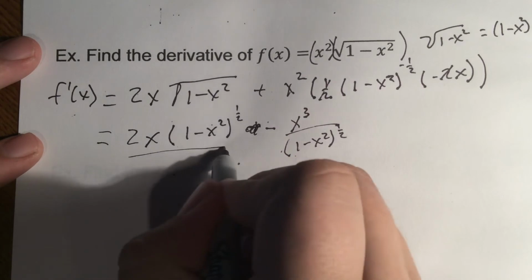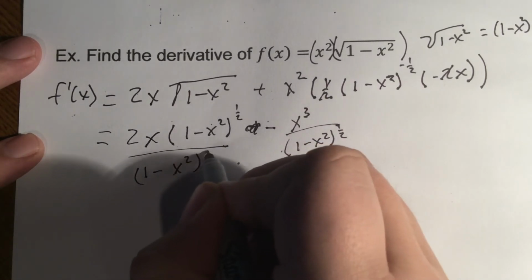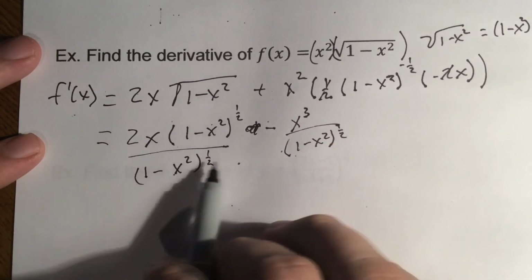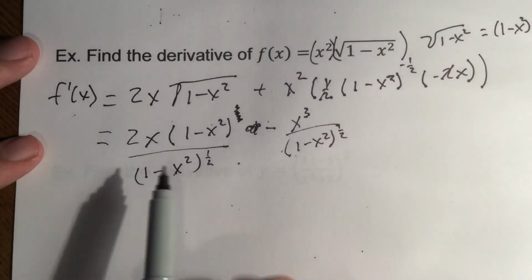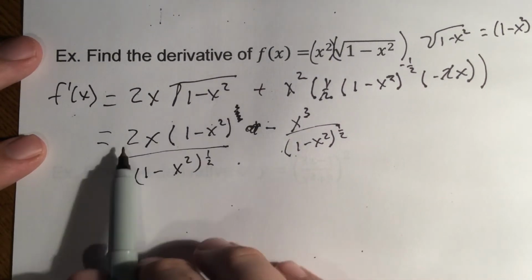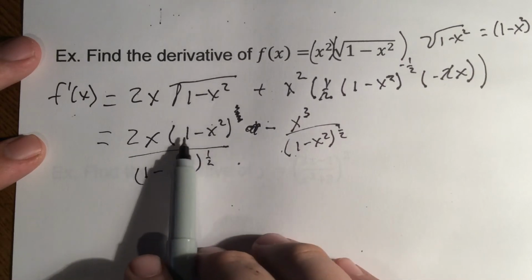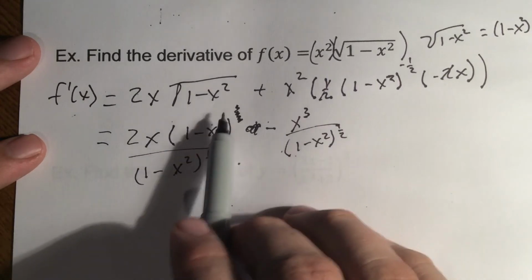So if we get a common denominator of 1 minus x squared to the 1 half, so we would times the top by it, which makes this a full. So 1 minus x squared to the 1 half, on top 1 minus x squared to the 1 half. These would all be factors, so you'd have 2 of these halves, which make a whole. And that's why we're to here.